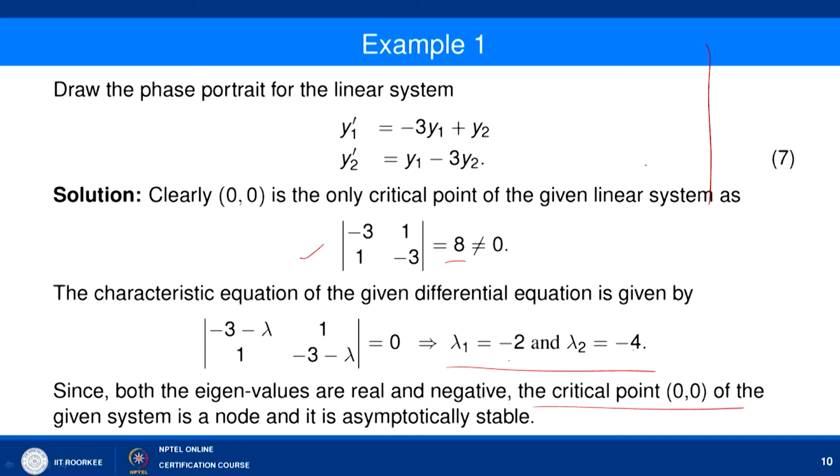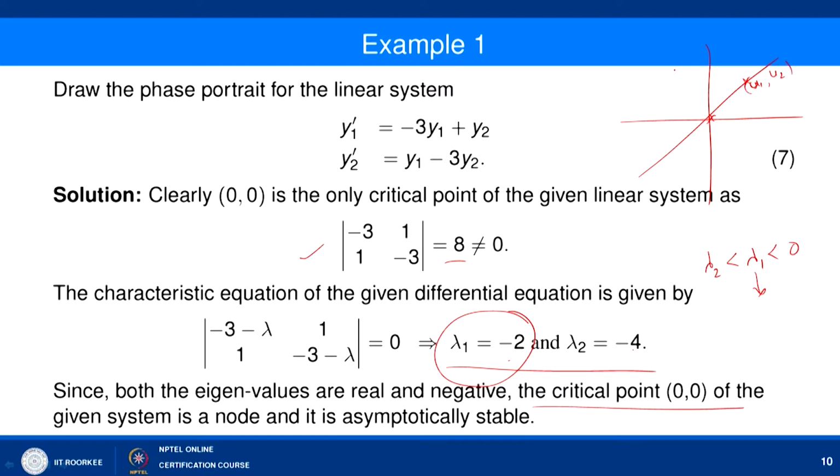So, it means that the solution will tend to 0 comma 0 along a slope corresponding to lambda 1 equal to minus 2. Here I can write lambda 2 is less than lambda 1 is less than 0. Corresponding to lambda 1, the eigenvector is u1 and u2, so it is passing through u1 and u2.